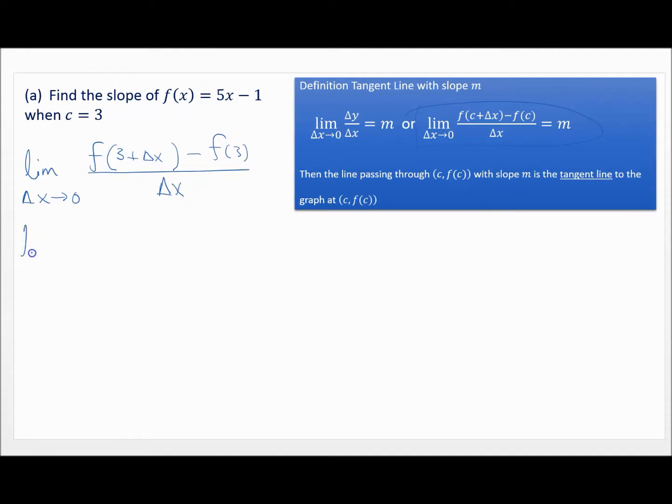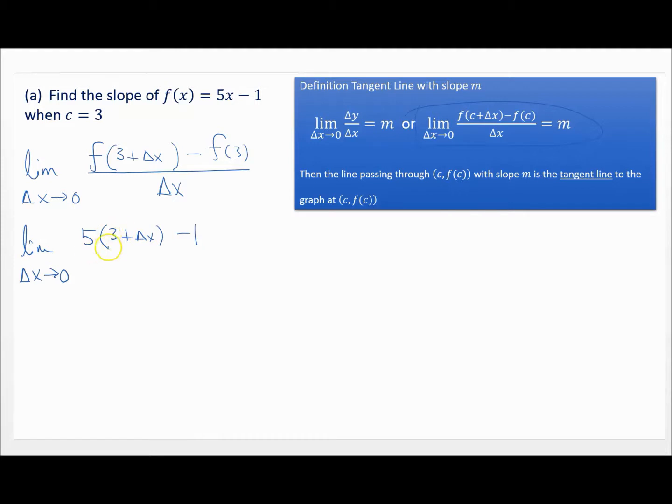So this is the limit as delta x approaches 0. Now, we have a function, don't we? Our function is 5x minus 1. So let's do what this says. This says we take our function and plug in 3 plus delta x. So that means I'm going to have 5. I'm going to remove the x and replace it with 3 plus delta x minus 1.